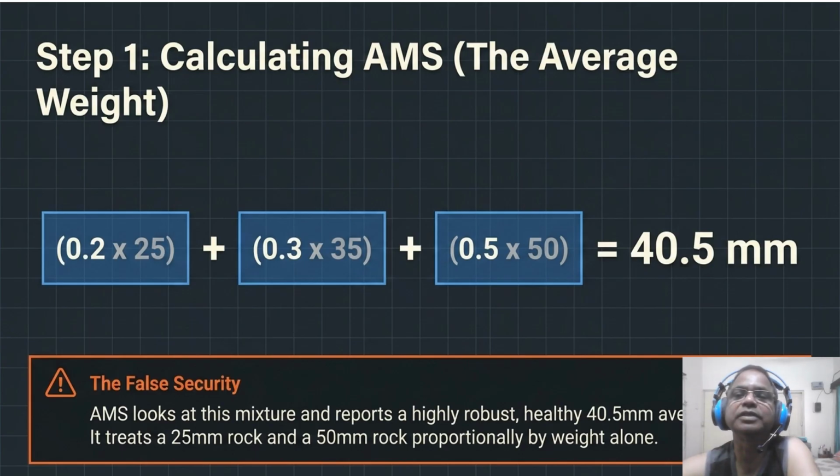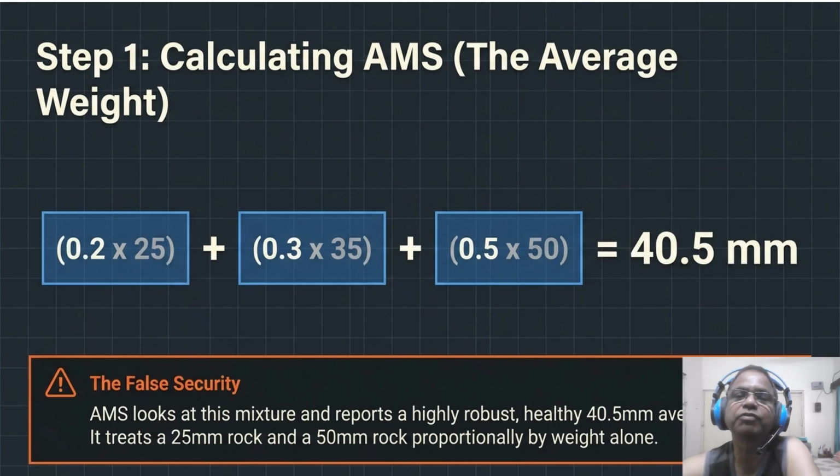AMS looks at this mixture and reports a healthy, robust average. It treats a 25 millimeter rock and a 50 millimeter rock proportionally by their weight alone. So this is what I call the false security.